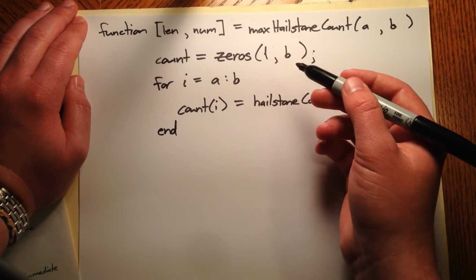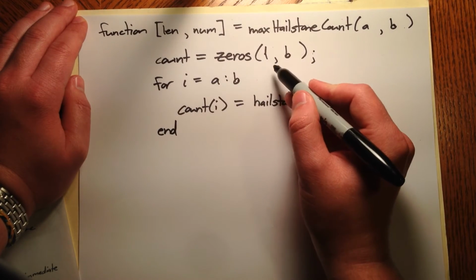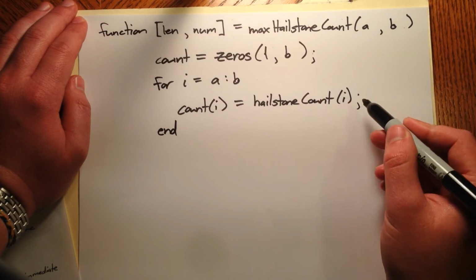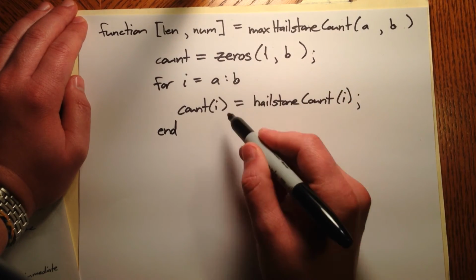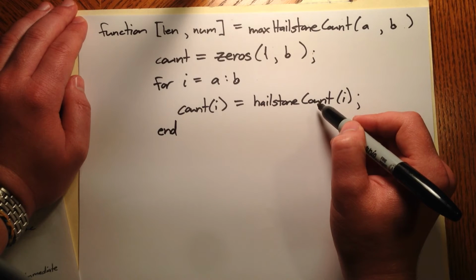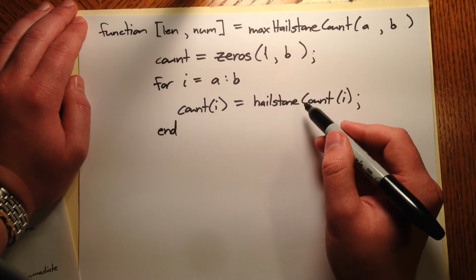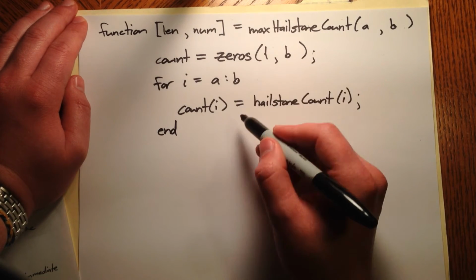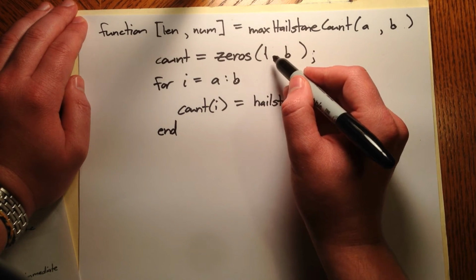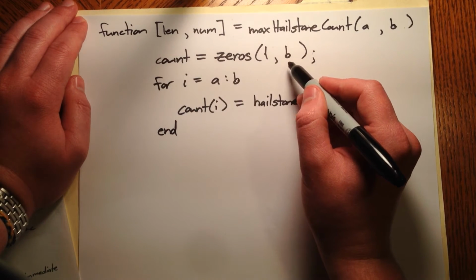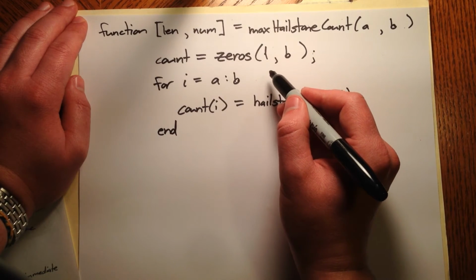Now we established that we're going to figure out which one is the longest number. So instead of zeros, it's now going to have the length of each hailstone sequence. Like we said, the fifth number in here is going to be 6, right?